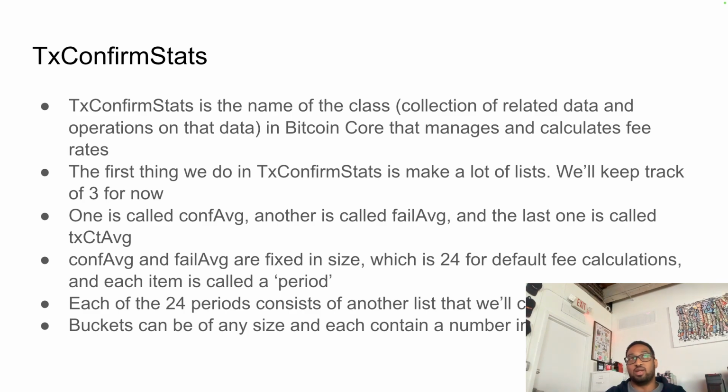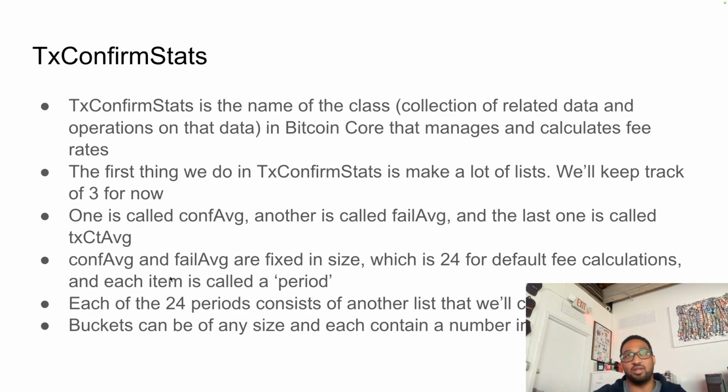The first thing we do in TxConfirmStats is we make a lot of lists. We'll keep track of 3 for now, because it's a lot of lists and it gets kind of confusing. One is called confAvg, another is called failAvg, and the last one is called txCtAvg.